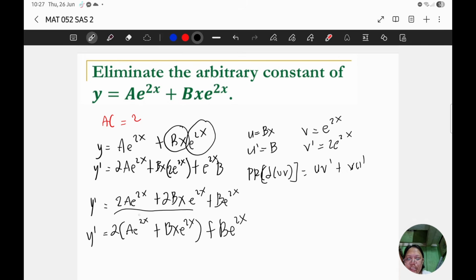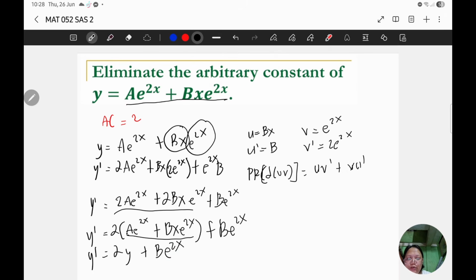Our repeating terms are a e to the 2x plus bx e to the 2x. So same here, and this will become y. So y prime equals 2 times y plus b e to the 2x.